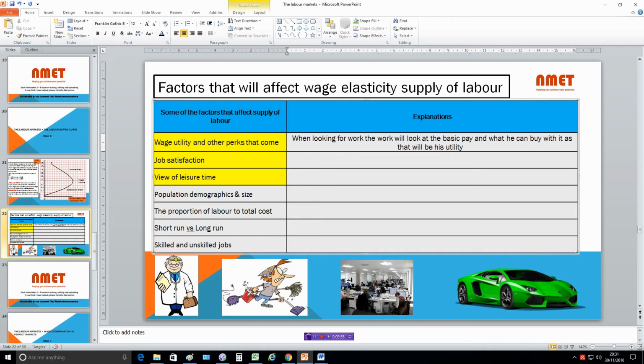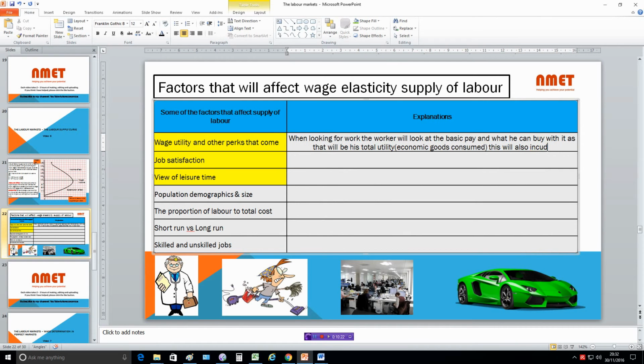So when looking for work, the worker will look at the basic pay and what he can buy with it, as that will be his total utility, the economic goods consumed. This will also include the chance of bonuses.